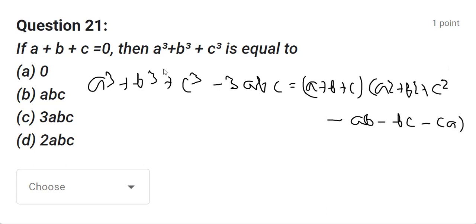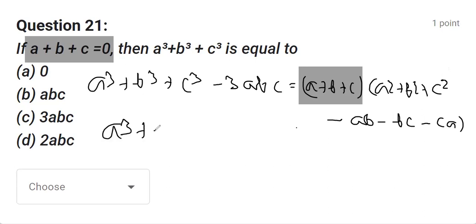Now, according to the question, if a plus b plus c is 0, replace this with 0, and 0 multiplied by any number is 0, so everything on the right hand side will become 0. So it implies that a cube plus b cube plus c cube will be equal to 3abc.